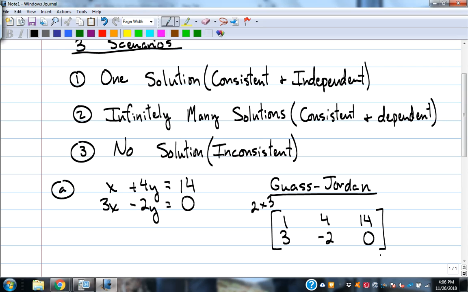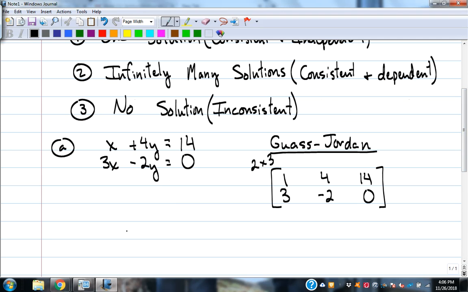So that's a 2x3 matrix. So what we're going to use is reduced row echelon form, RREF, on the calculator.